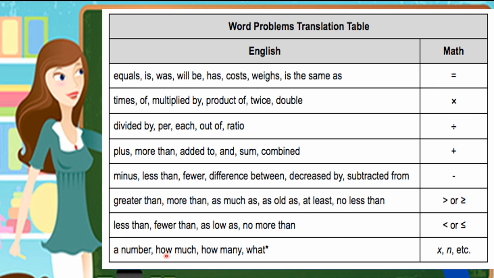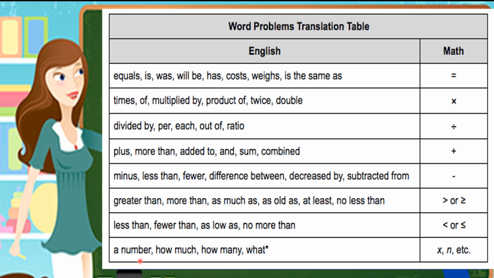O, ito naman, feeling ko malilito ang iba dito. A number, how much, how many, and what. Bakit pang x, n, and etc.? Kasi class, ito yung ginagamit natin sa problem solving na ito yung hinahanap, ito yung laging nawawala. So, sample, a number is equal to twice the product of, or a number is more than 5.